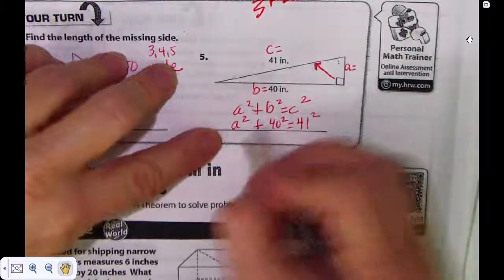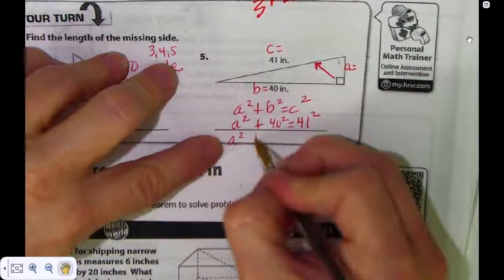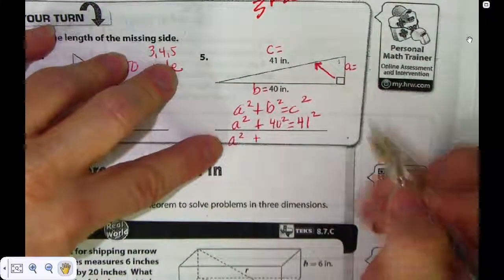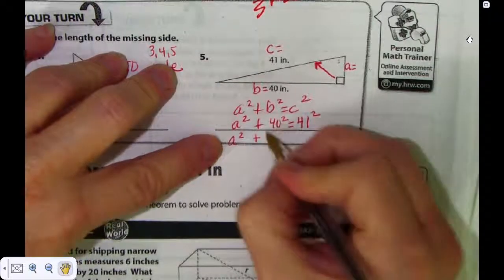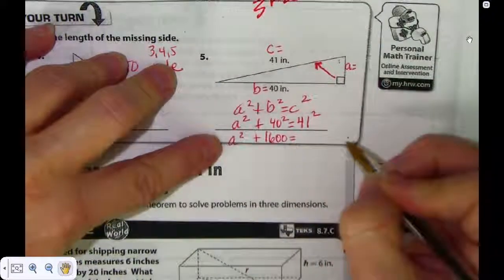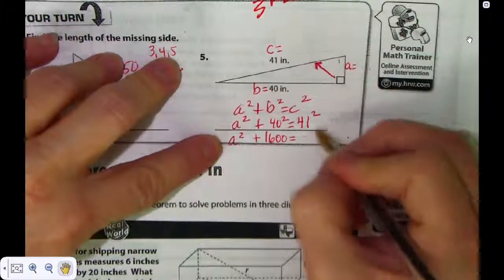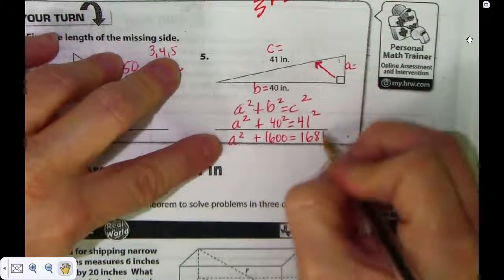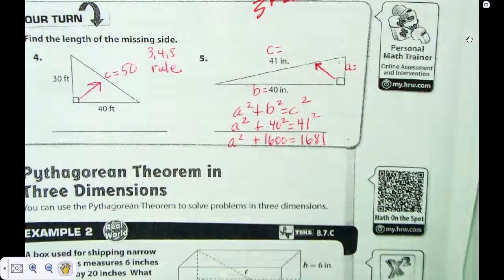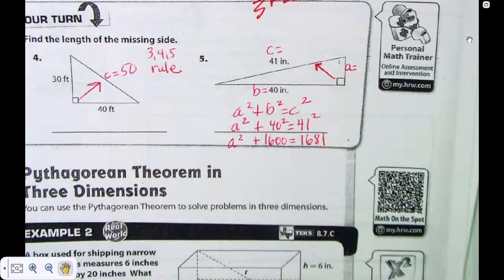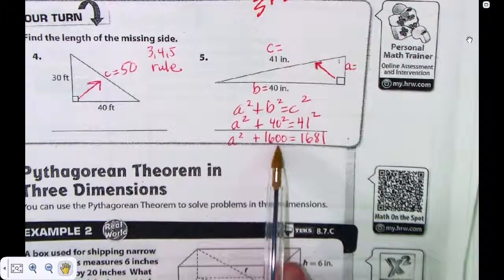Now, third line. A squared plus, what's 40 times 40? 1600. Good job. What's 41 squared? 1681. Good. Now, we got a little problem. Can you add a squared to 1600?